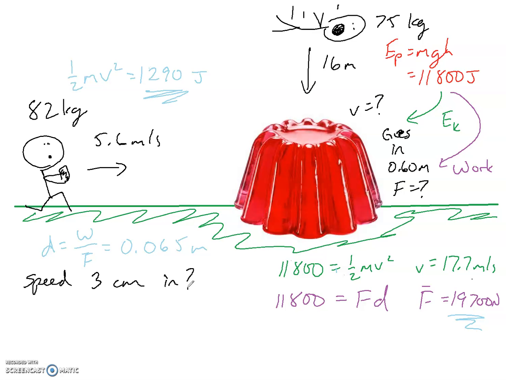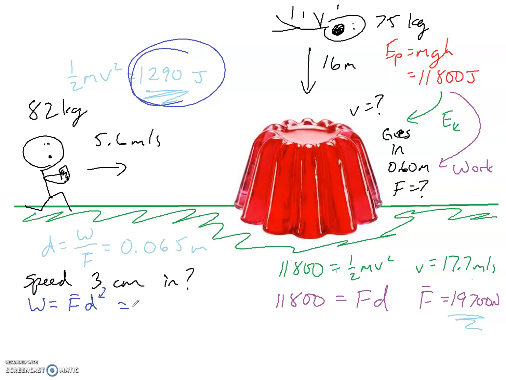All right, well, the kinetic energy he started with hasn't changed. He's still starting with 1290, but as he goes in, the jello is going to do work on him.